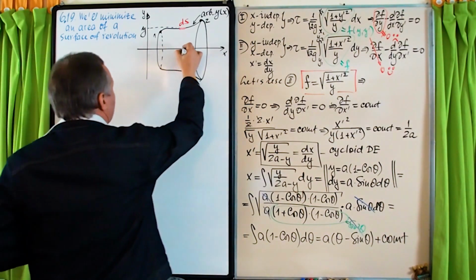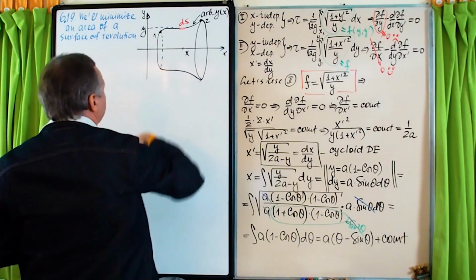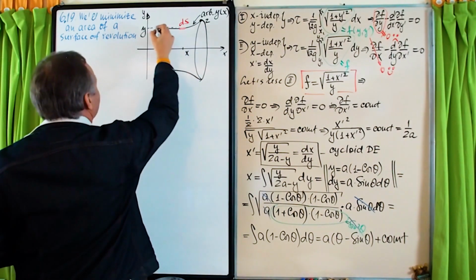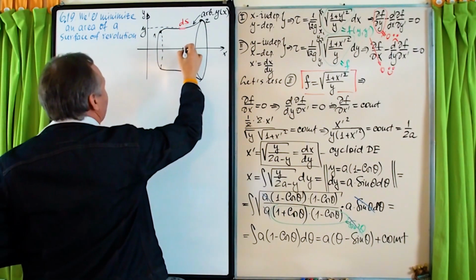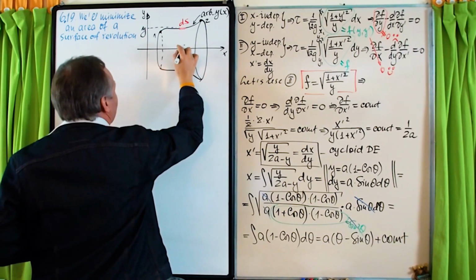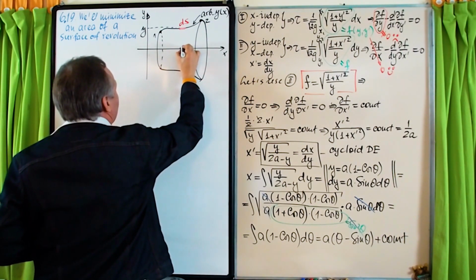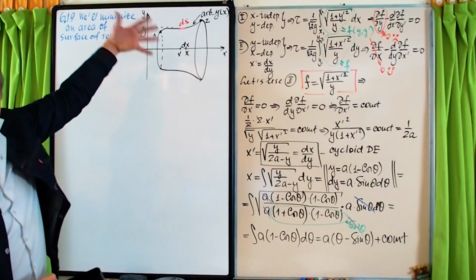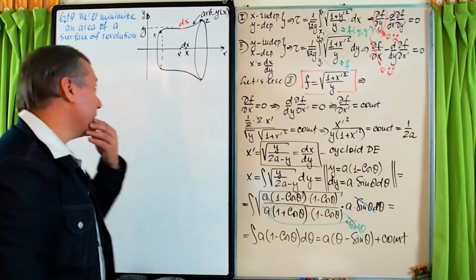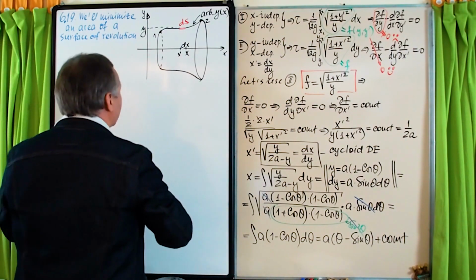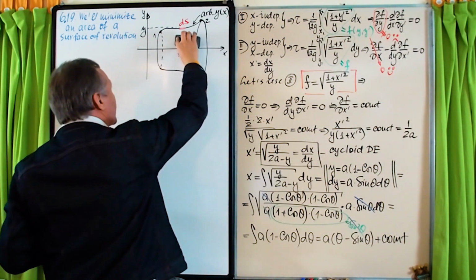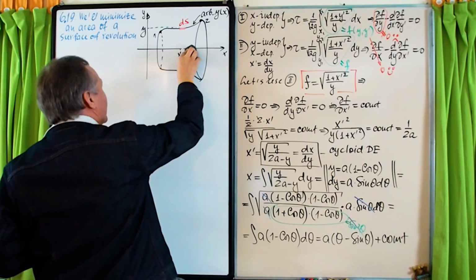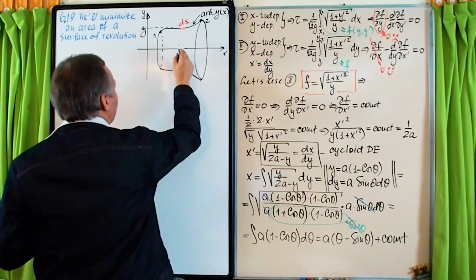Of course, around x we have dx, and around that y there is a dy also. I don't want to write this because I need this space for something else, so let me erase it. You understand that there is a dx around x.